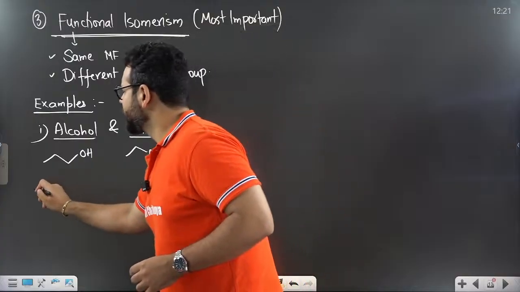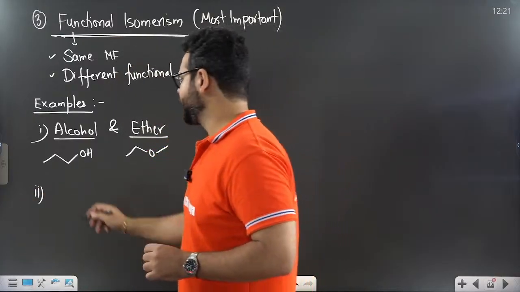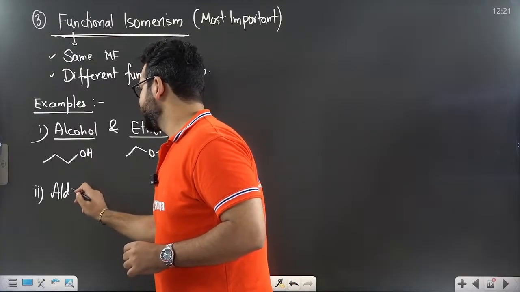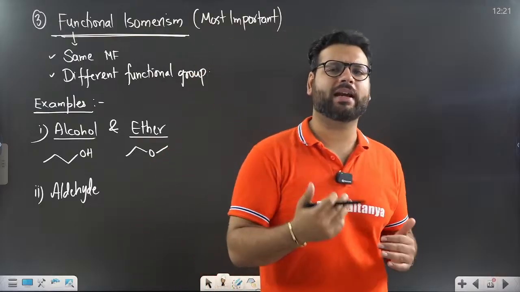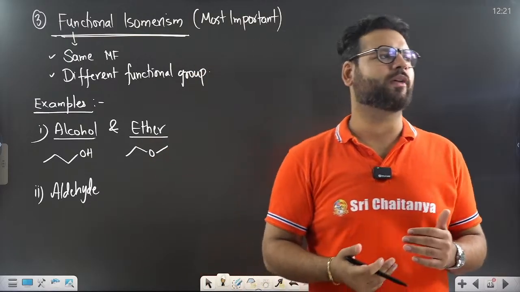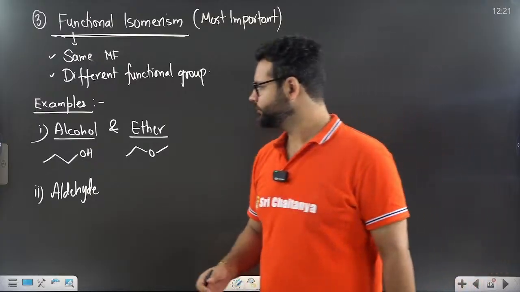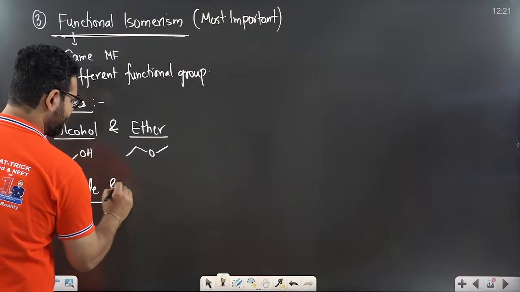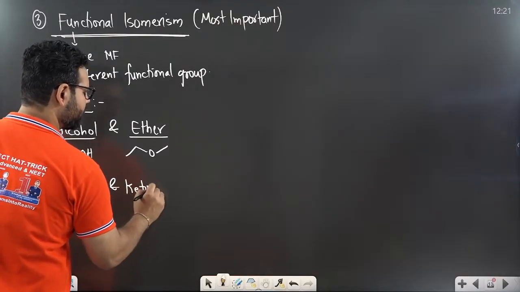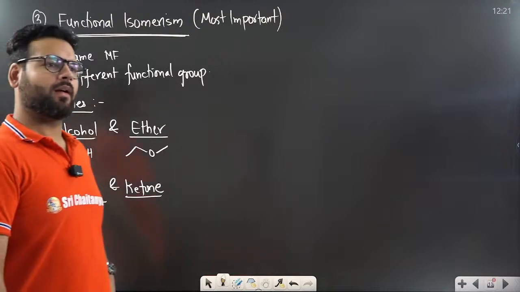Then tell me, if I have an aldehyde, who else will have the same formula as the aldehyde? Who can show functional isomerism with the aldehyde? Aldehyde has one oxygen and one pi bond, so it can show with ketone, which has one oxygen and one pi bond.